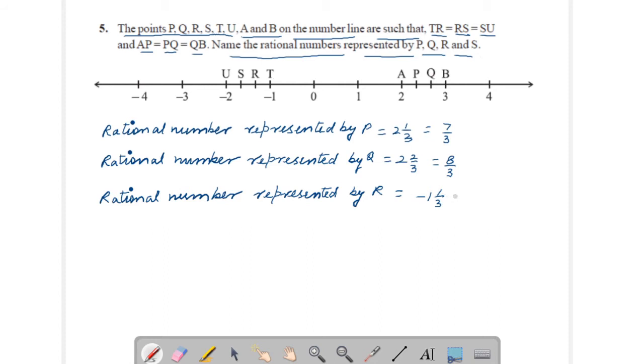Here convert it into an improper fraction, you will get minus 1 times 3 is 3, plus 1, 4 upon 3.